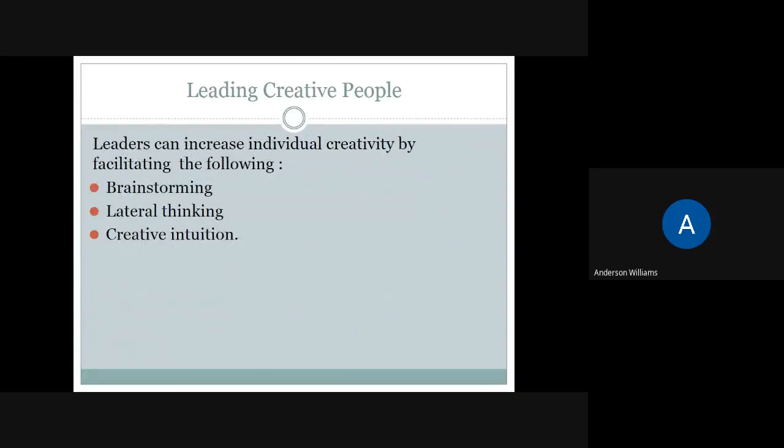Leaders can increase individual creativity by facilitating the following: brainstorming, lateral thinking, creative intuition.